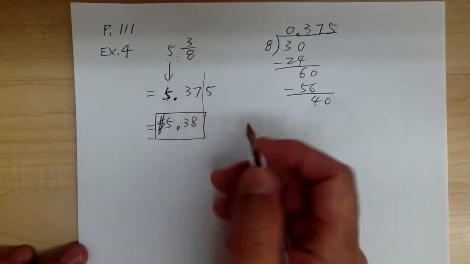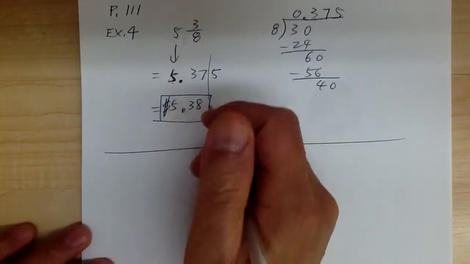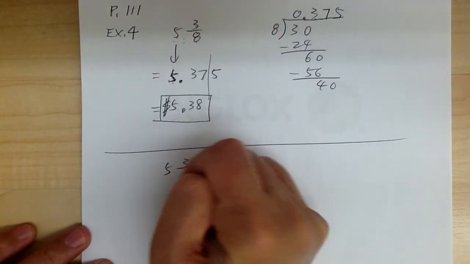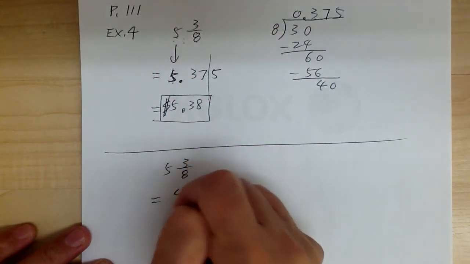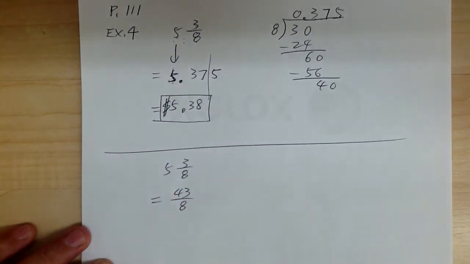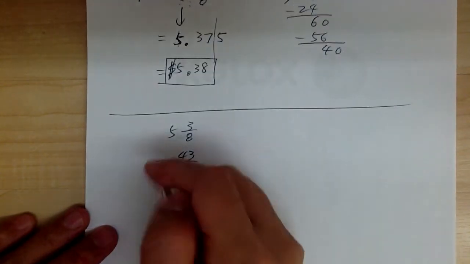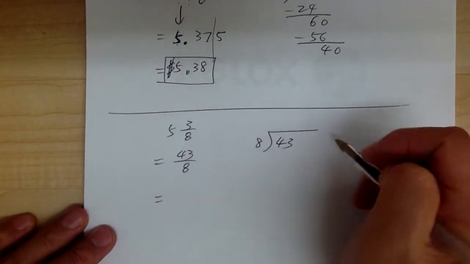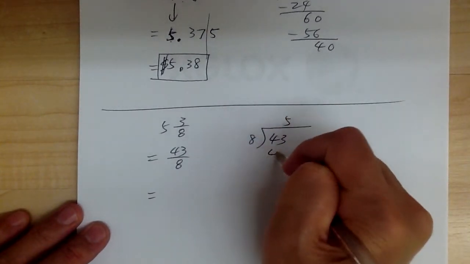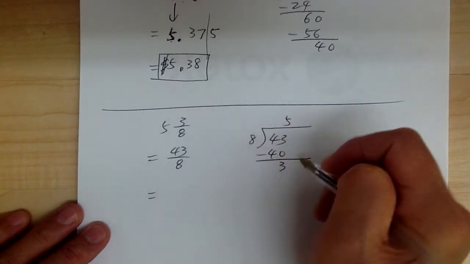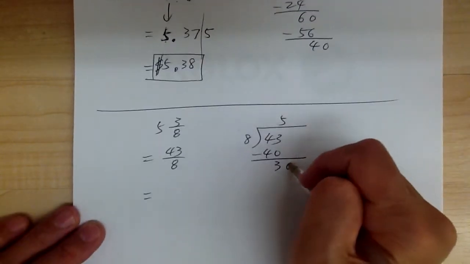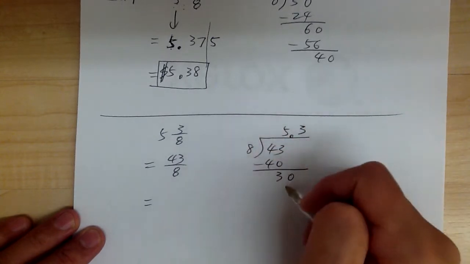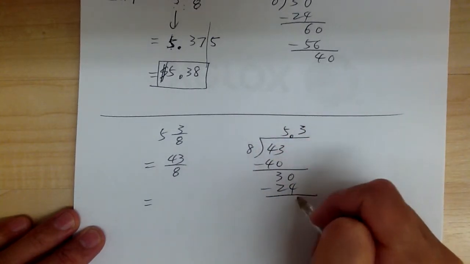So this is one way of doing it. Another way to do this is by converting this into an improper fraction. So 5 3/8 is equal to 43 over 8. So convert that into an improper fraction first, and that way you can just divide. So 43 divided by 8, you're going to get 5, and this will be 40, minus, and now it becomes basically the same, right? So 30, and then you get 3. 3 times 8 is 24, minus, you get 6.